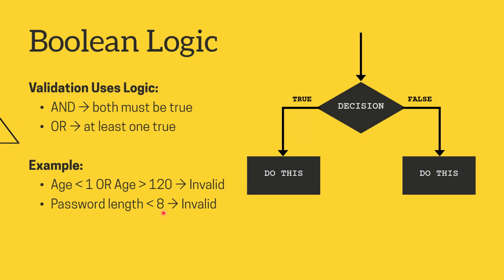Again, that's a Boolean expression. Like I mentioned before, we can also use ands and ors if we need to combine rules. For example, a zip code must be 5 digits and all characters must be numbers. Boolean logic gives us the power to create very specific rules.